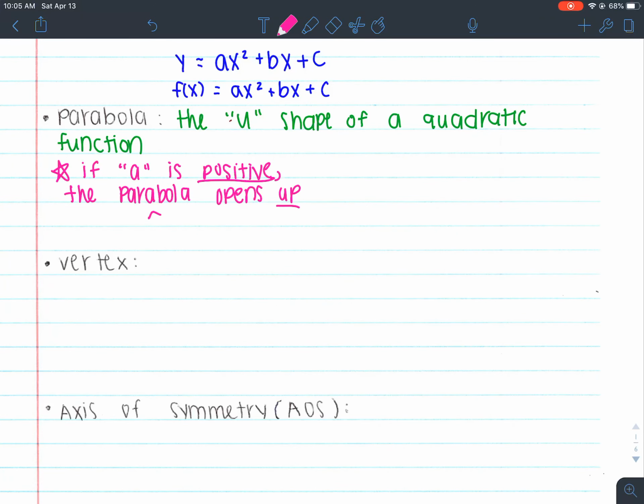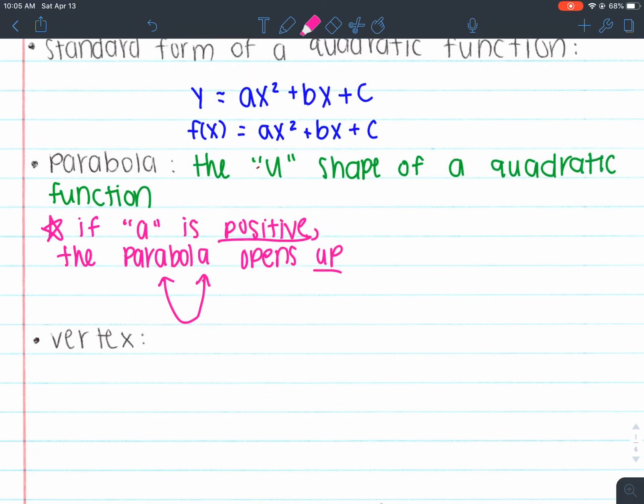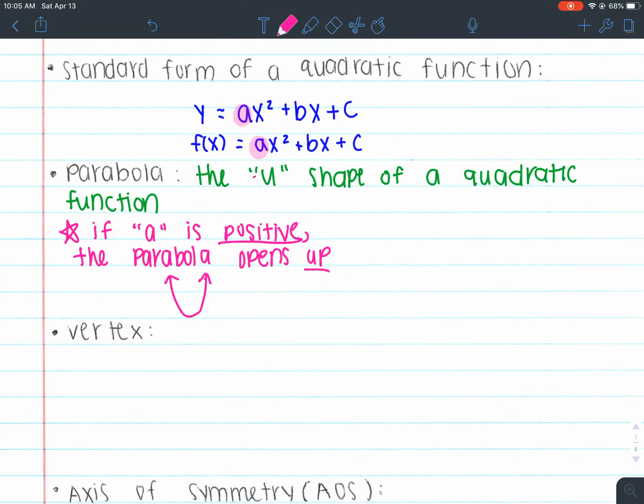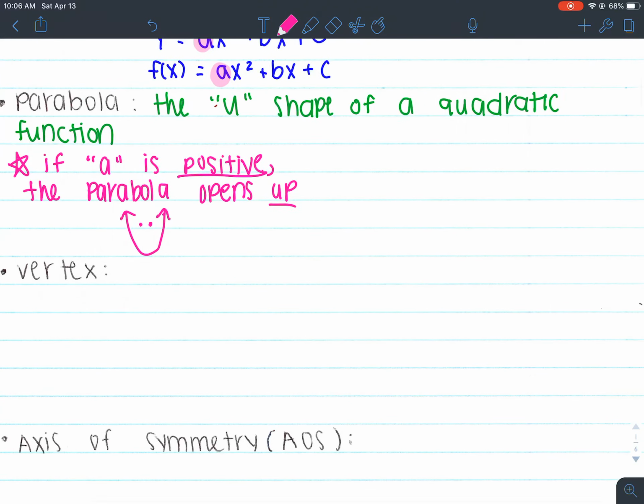So your parabola will look like that. When we're talking about a, we're talking about the a in your standard form. If a is positive, then it will open up. You can think about that as a positive smiley face.